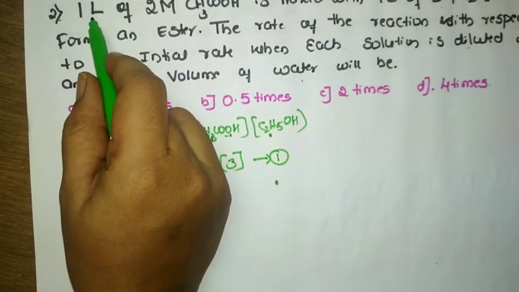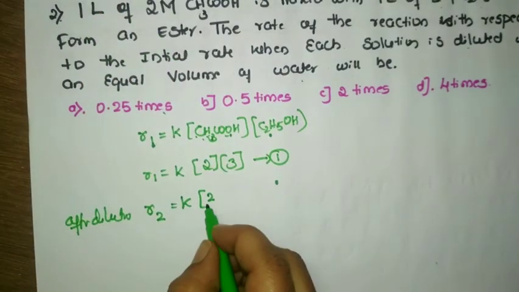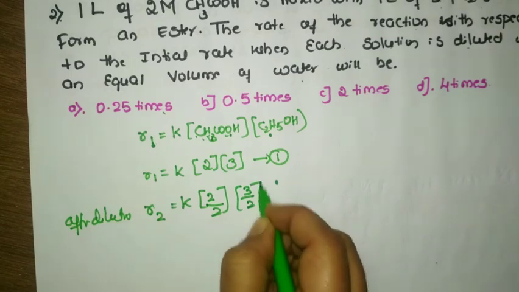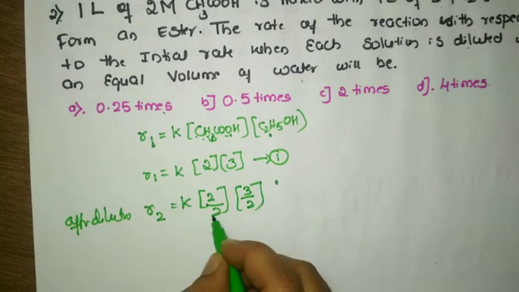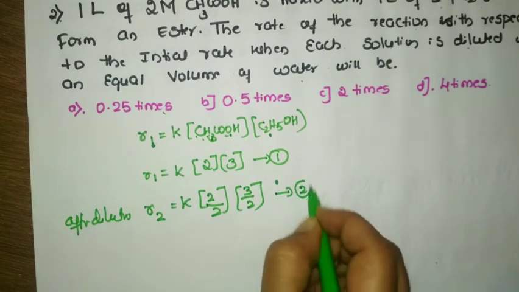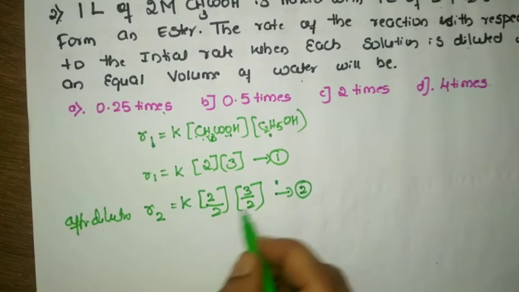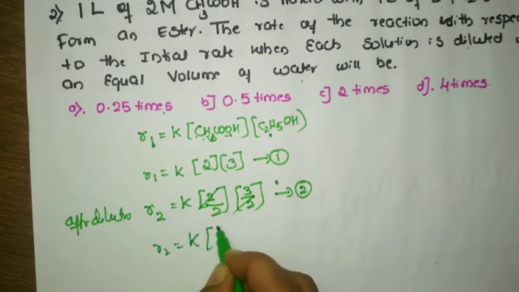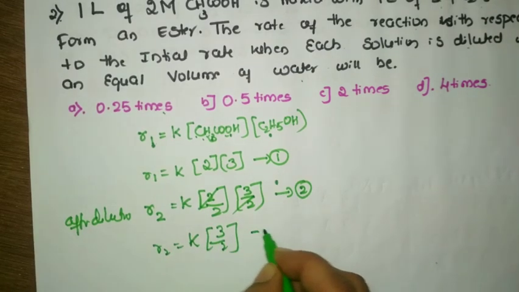So if it is 1 liter, they may add 1 more liter. So 2 by 2, okay, and 3 by 2. So 2 means equal volume of water is added. Okay, let us take this as equation 2. Okay, so here only you can simplify. So R2 is equal to K 3 by 2. Okay, this is equation 2.